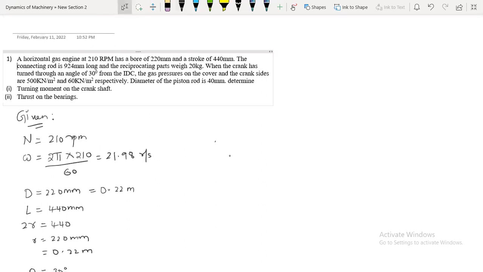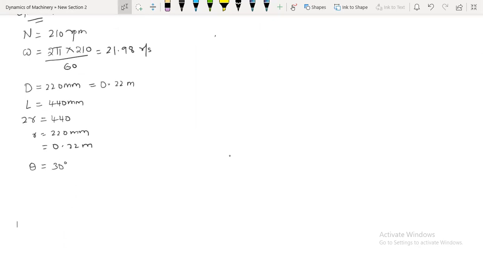And then he has given the gas pressures on the cover and the crank sides as one is 500, the other one is 60. That is, let P1 be the pressure on the cover, that is 500 kilonewton per meter square, and let P2 be the pressure acting on the crank sides. That it is given as 60 kilonewton per meter square.